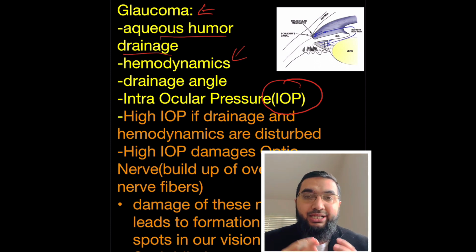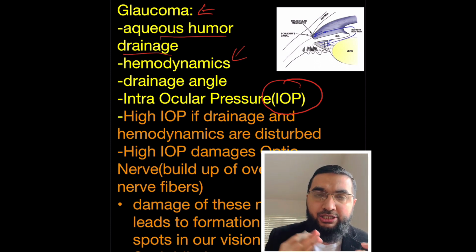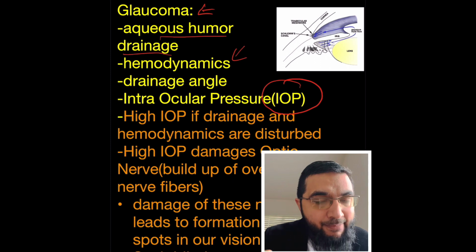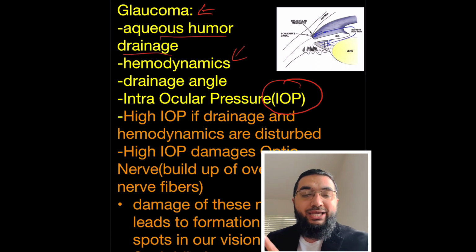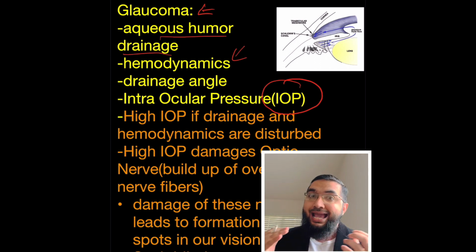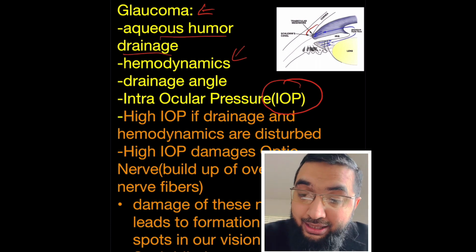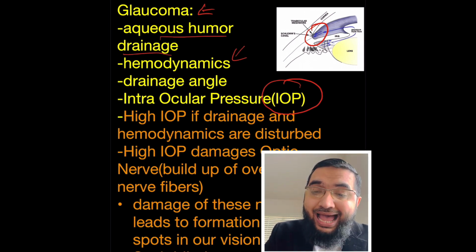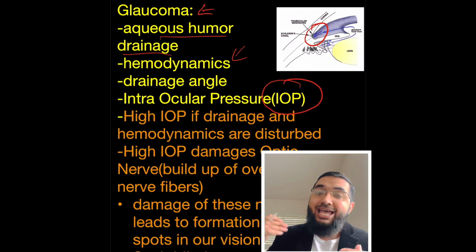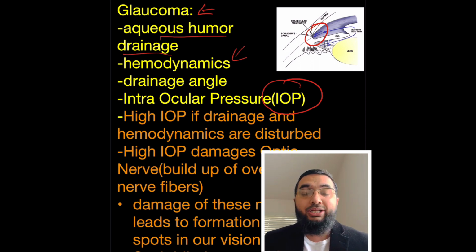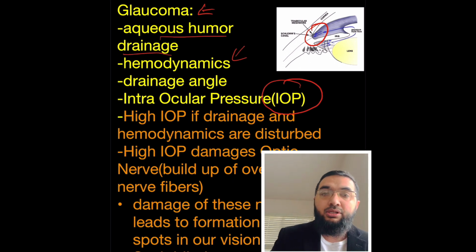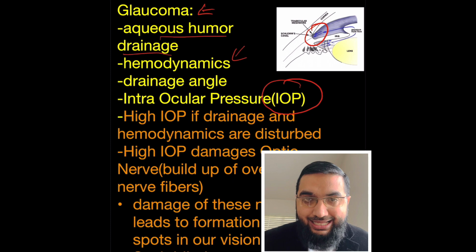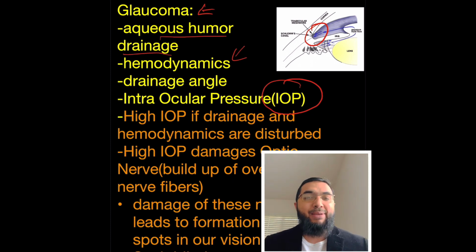The pressure inside your eye is determined by the hemodynamics of that aqueous humor, okay? And that whole process is controlled by a thing called the angle. This angle between the iris and the cornea is called the iridocorneal angle, or just the angle inside the eye, for the simplest layman term.